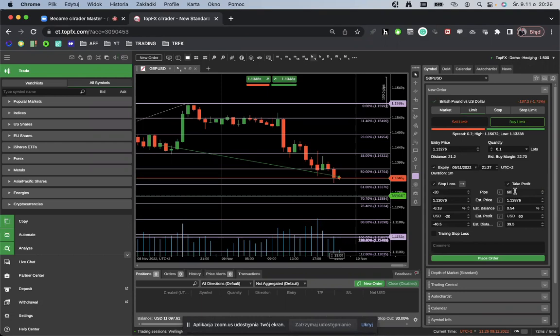Of course, the 60 pips is somewhere at the level of 1.1387. Yeah, 1.1387 is somewhere here, right? Somewhere in that zone. So actually, let's say this kind of a trade, according to your strategy, is okay.